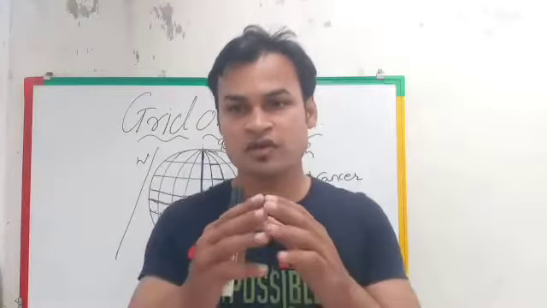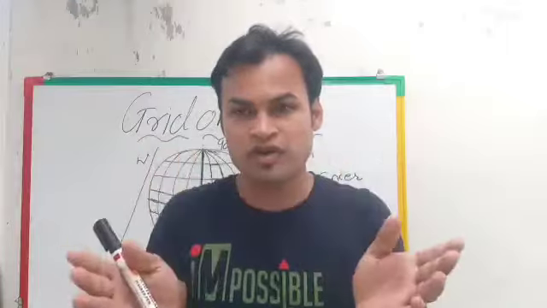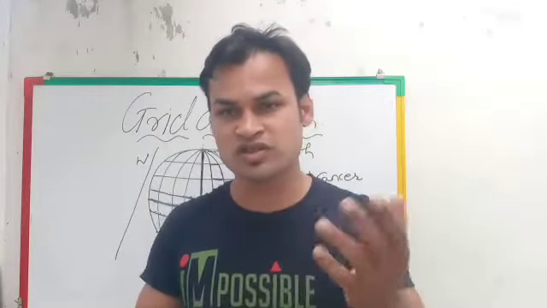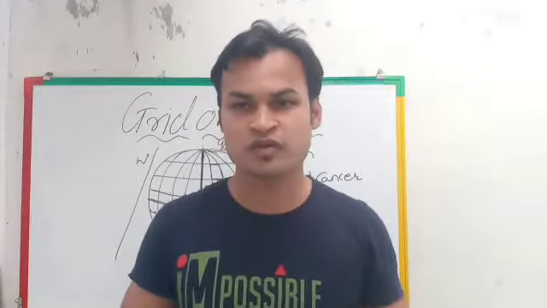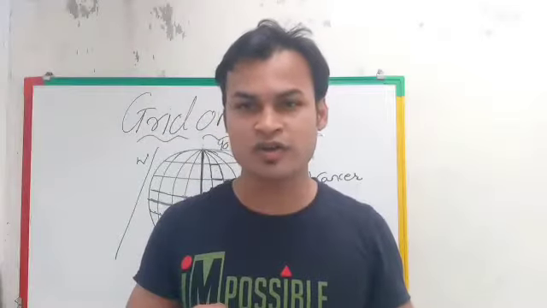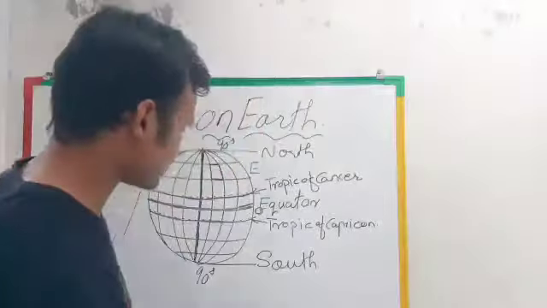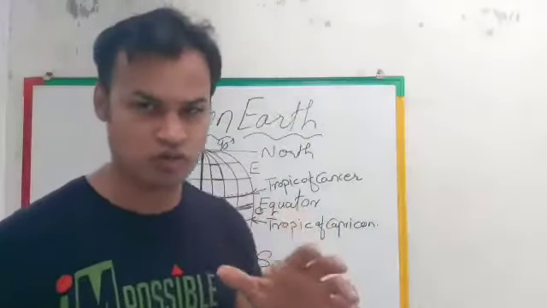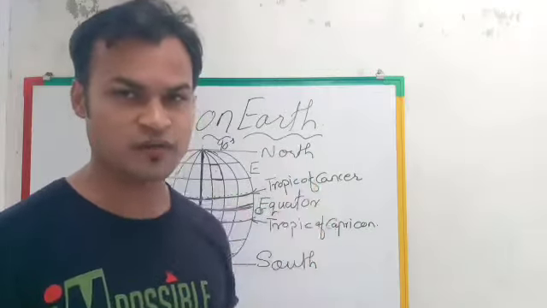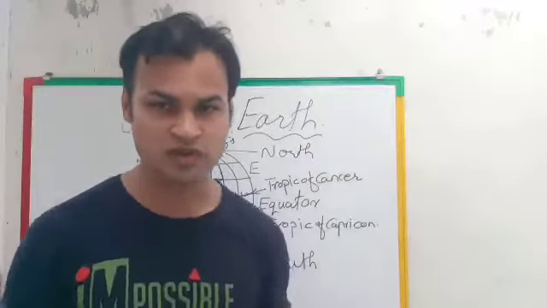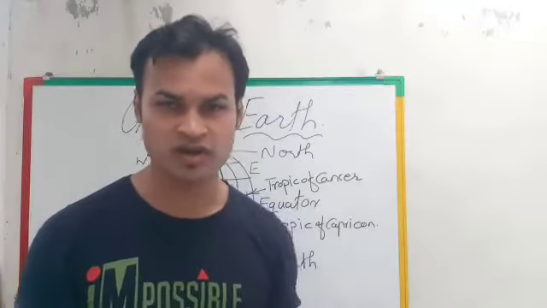But we have a toy-like ball 3D model of the earth, on which the oceans and continents are there, and latitude and longitude lines have been marked, so it becomes easy to understand. So let's understand the basics in a short example, and in the next video the remaining topic will become clear for you.